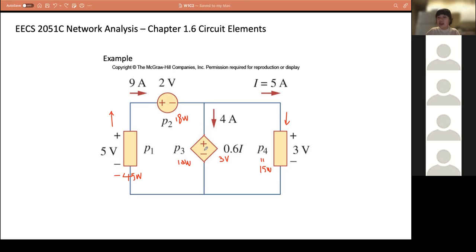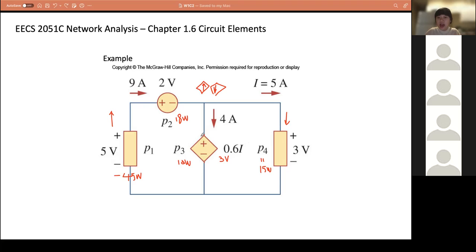If we see a diamond with an arrow sign in it, maybe it's up, maybe it's down, that tells the direction. An arrow sign in it tells us this is a current source. Then the value next to it tells us the current going through this element.